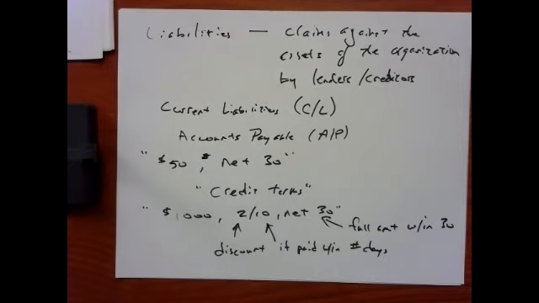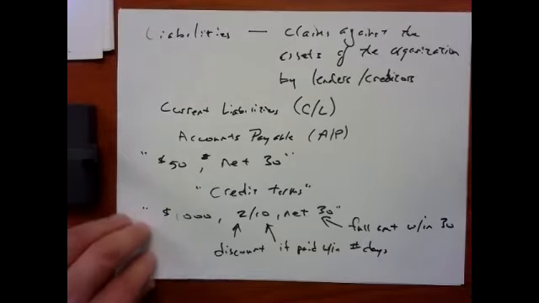So you could see 2/15 net 45. You could see 3/20 net 60, something like it. Just kind of depends. The purpose of this is the supplier's trying to speed up the payments, the cash flow from the organization to her organization. Okay.